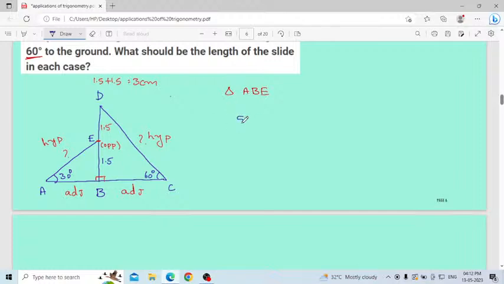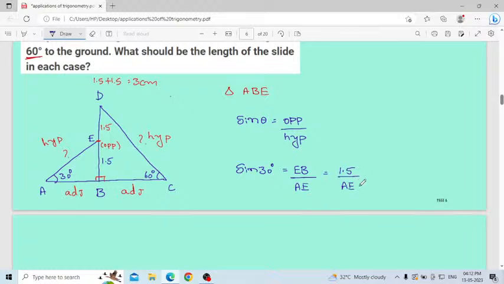Then here sin theta will be equal to opposite divided by hypotenuse. You know the formula. Sin 30 degree will be equal to, BE is the opposite, its value is given, 1.5. Otherwise I will write one more step, EB, in the next step I will substitute. Then the hypotenuse value you have to calculate, we don't know, write it as AE. But you know the value of EB, 1.5 divided by AE.